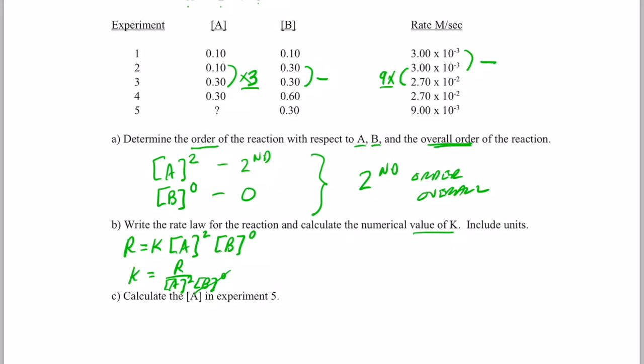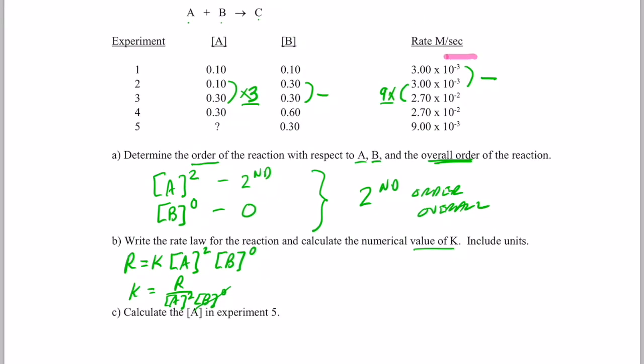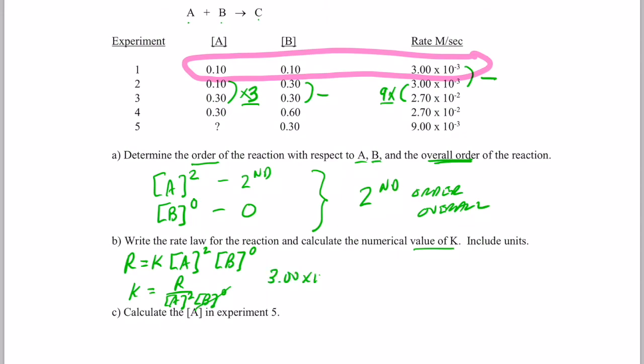Now once again, I like to use the first experiment here because I have some nice data for A, B, and the rate. So it looks like the rate in the first experiment is 3.00 times 10 to the negative third molarity units per second. We're dividing it by the concentration of A, which is 0.10 molarity units squared. And remember, B is equal to 1.